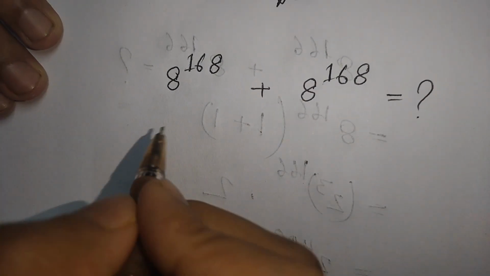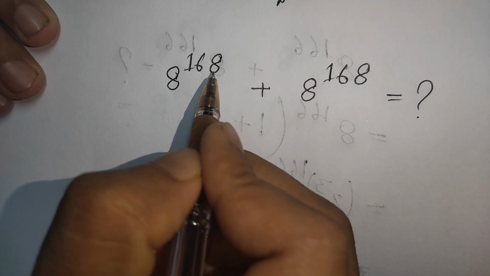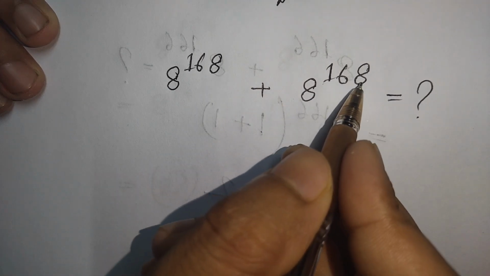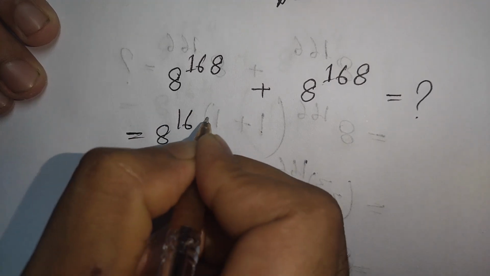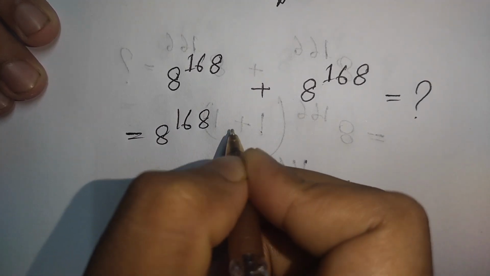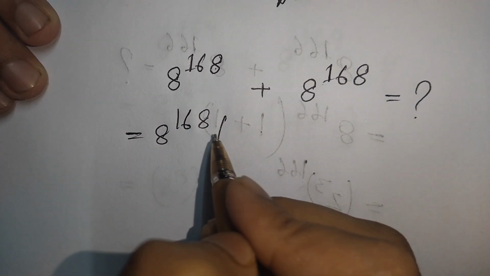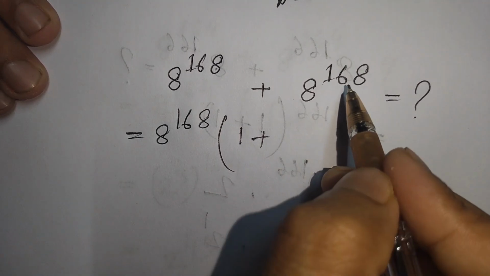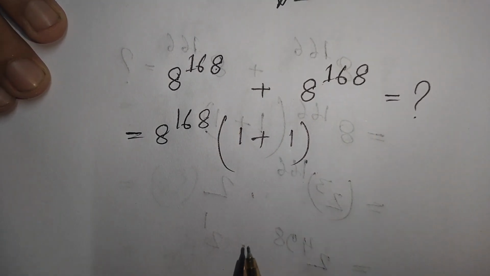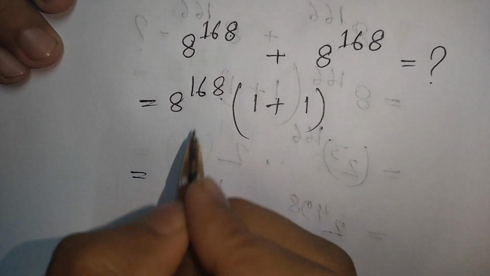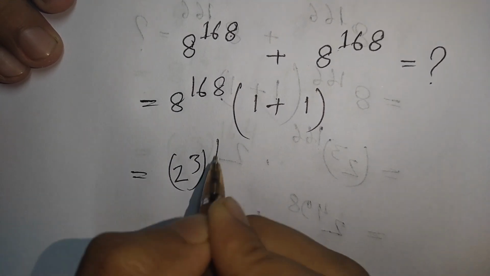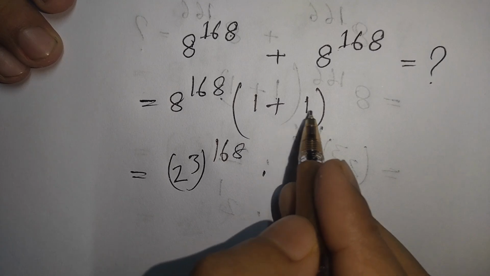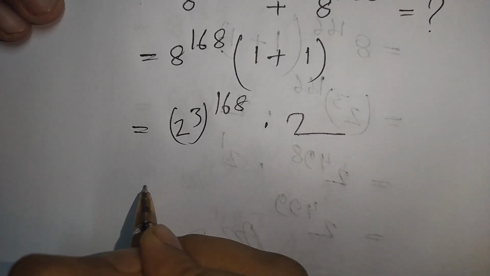How to solve 2 to the power 168 plus 2 to the power 168 is equal to what? At first you take common 2 to the power 168, first bracket start, this divided by this, that means 1, plus this divided by this, that means 1. Now 1 plus 1, that means 2.